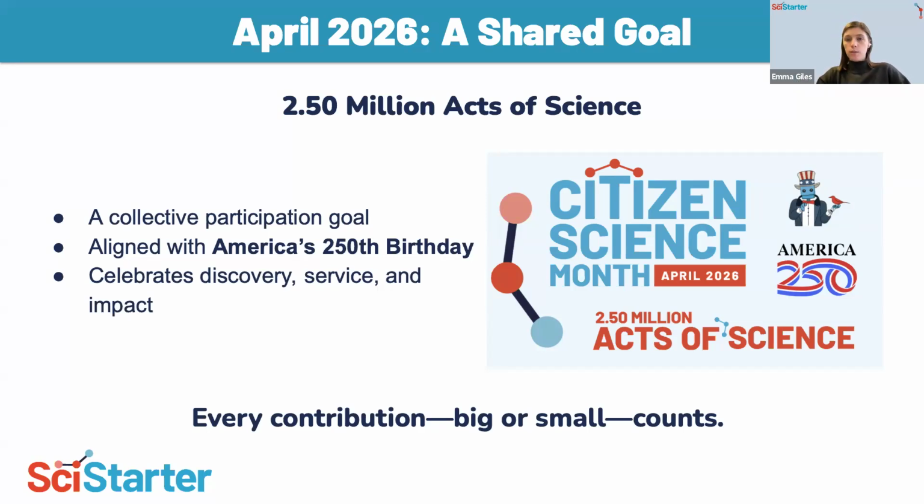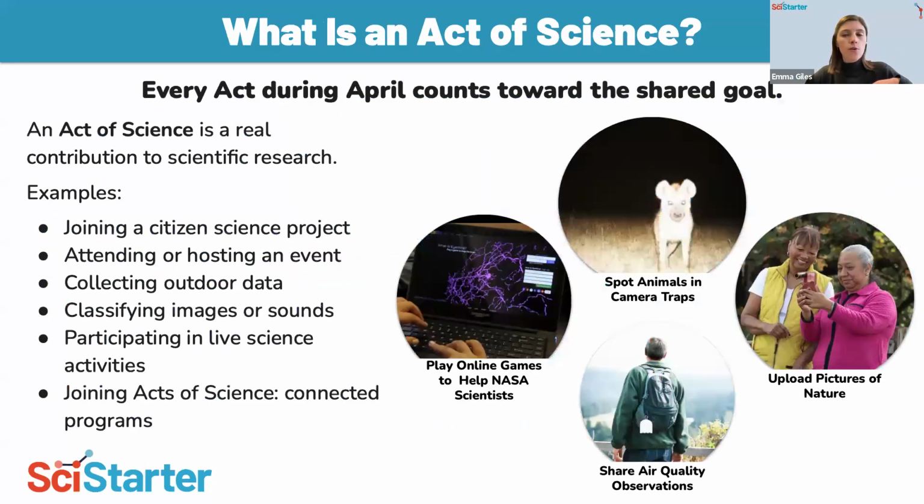Every contribution beyond the Act Science connected events will count. If you do CoCoRaHS, there's no specific event for CoCoRaHS that we're hosting, but every day, if you do a CoCoRaHS measurement or you participate in the Rain Gauge Rally, which I'll mention again momentarily, that is absolutely participating as acts of science, and you can submit and report those. So what counts as an act of science? I already mentioned it, but here are some more examples.